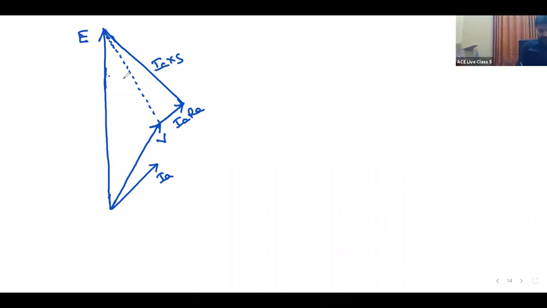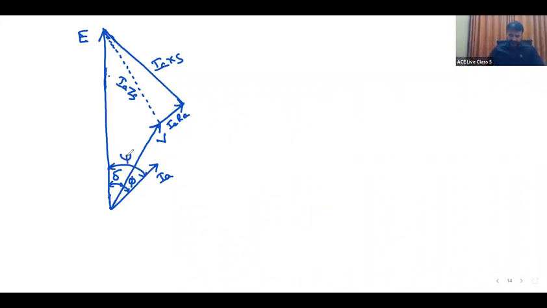This much diagram is enough. IARA. Okay. This is delta. This is phi. And what is this? This is psi. Enough. This is the phasor diagram of the alternator.